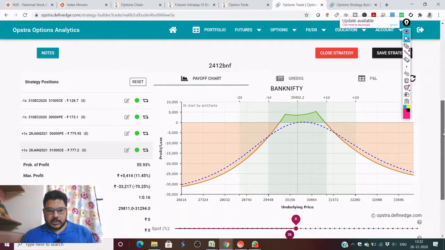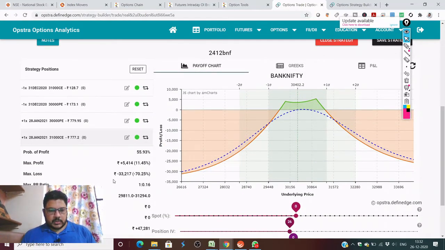Here you are going to make a maximum loss of 33,000, maximum profit of 5,400, and the width of the entire strategy remains the same, 1400. But this is not showing good because the maximum loss is higher, because the premiums are pretty high here.